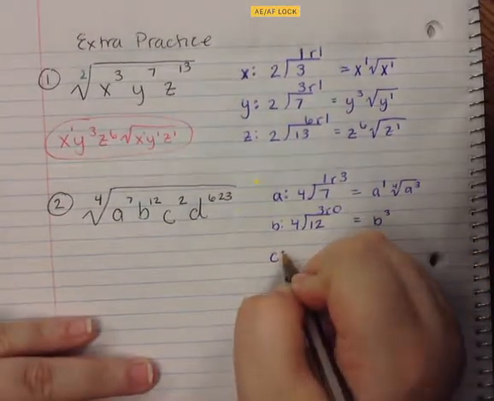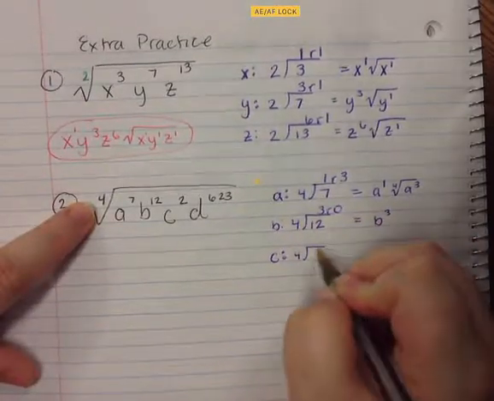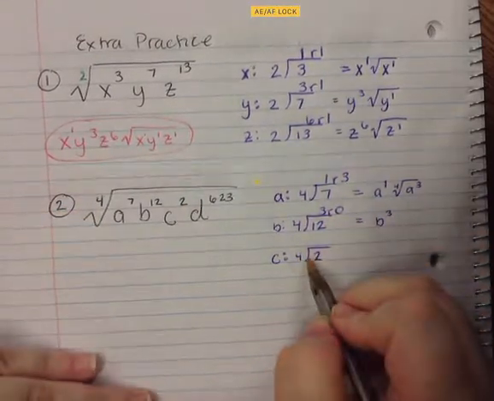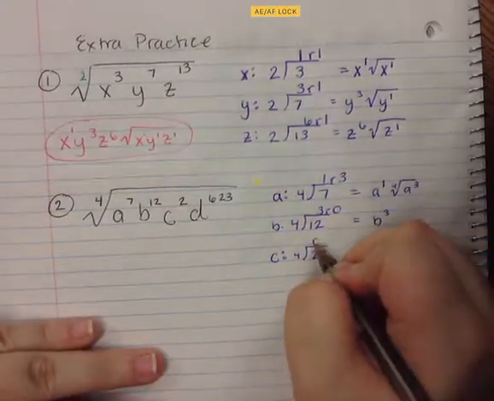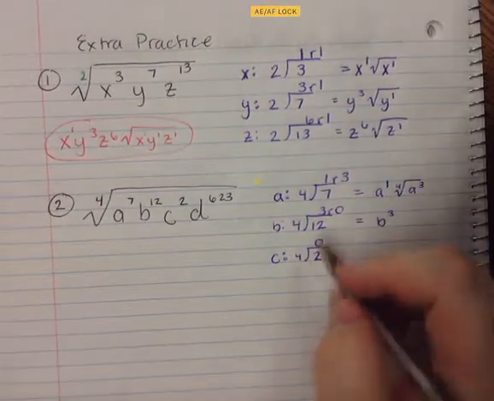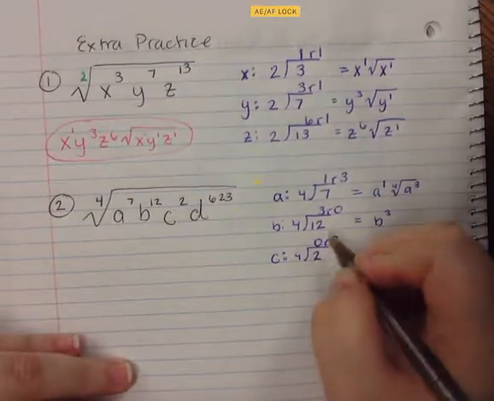The C, our index is 4, goes into our exponent of C, which is 2. 4 does not go into 2, so it goes in 0 times. So 0 times 4 is 0, and 2 minus 0 is 2, so the remainder is still 2.